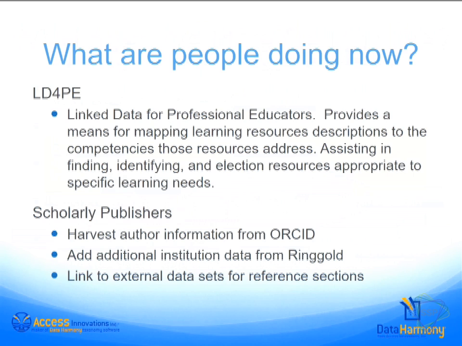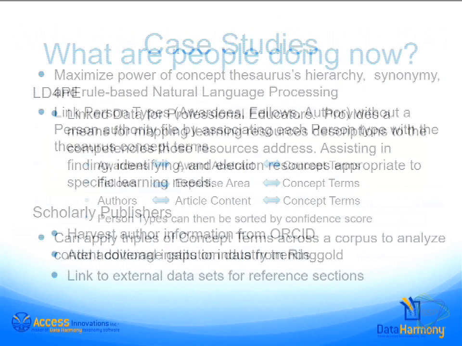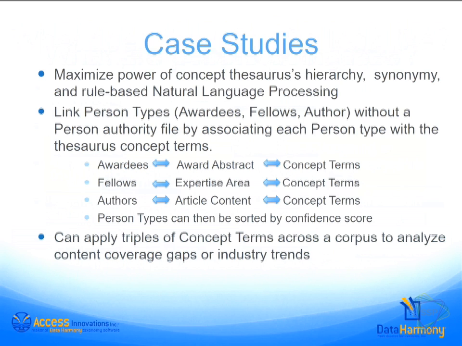For scholarly publishers, if you harvest author information and you add additional affiliation information and then you link to external data sets, you're really already there. So for example, you can take a thesaurus or a taxonomy, some kind of a synonymy, and auto tag the data.